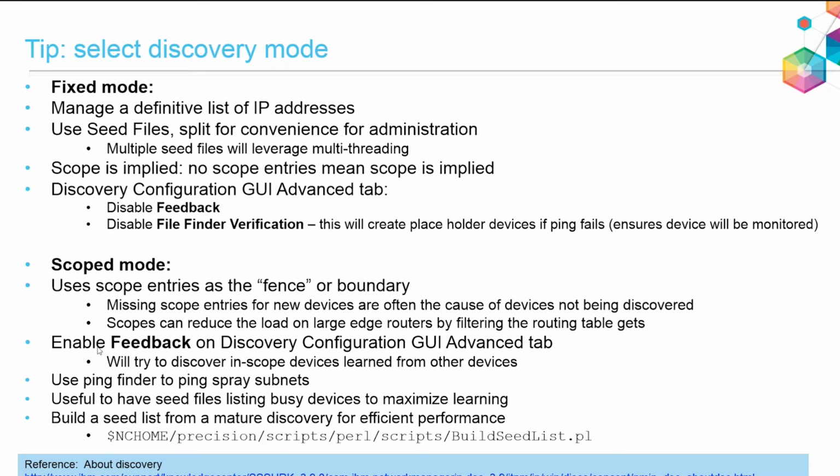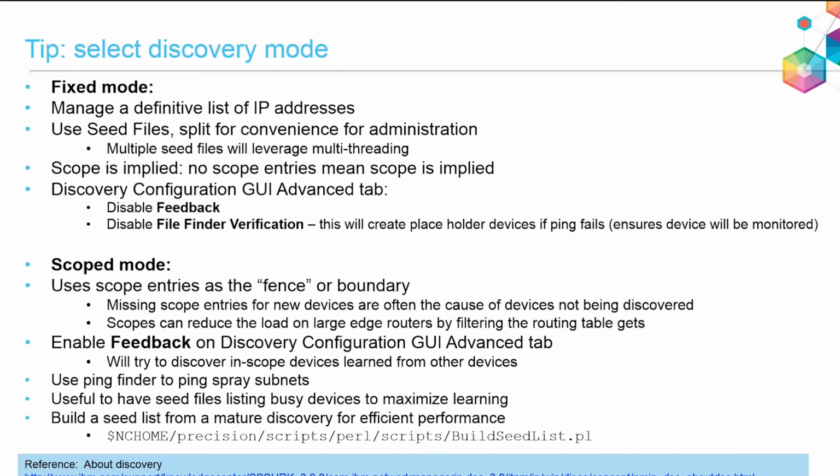On the other hand, most people use the scoped mode, which gives you a bit more flexibility in terms of finding devices. If you think of the scope as the fence or the boundary, then you can add the devices as seeds or subnets for ping sprays and so on as hints to find as many devices as you can.